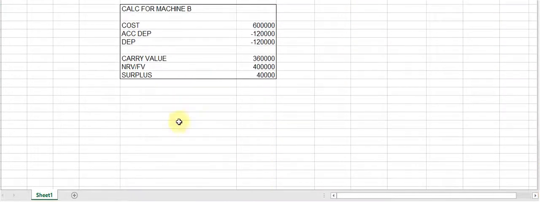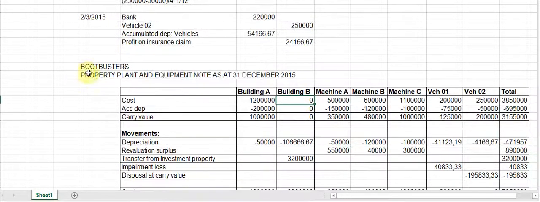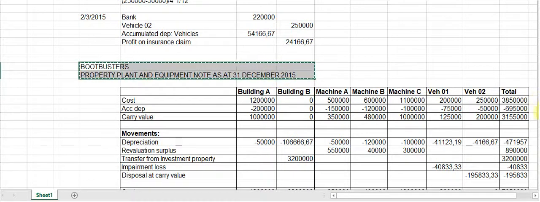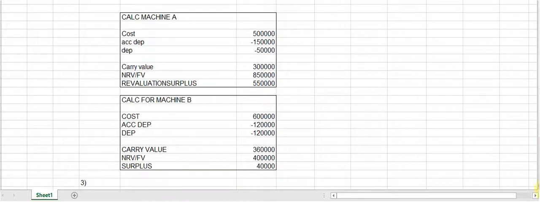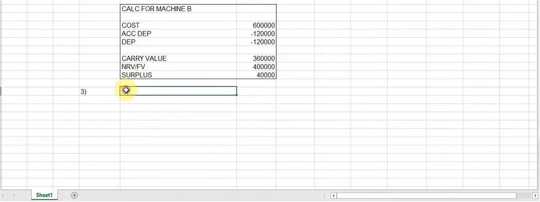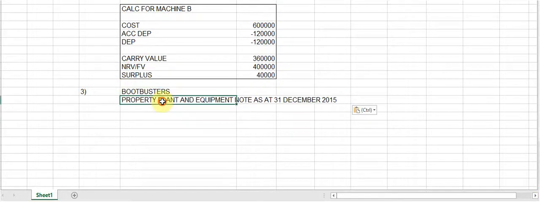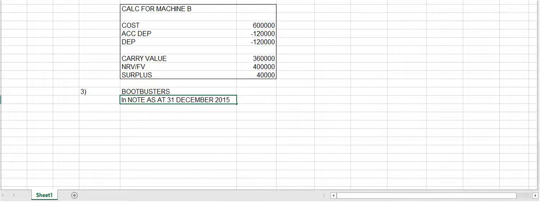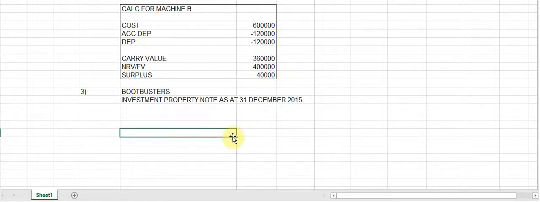Right, we have one more required part left, which is number 3. And in number 3, we need to do the investment property note. So I'm just going to copy this and correct it. And then we can do the investment property note.